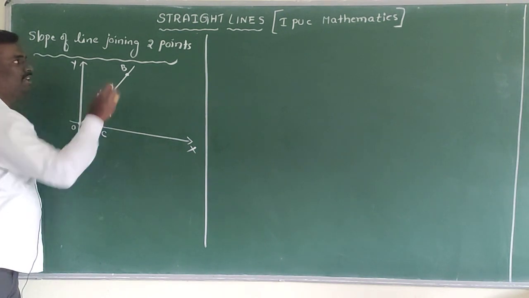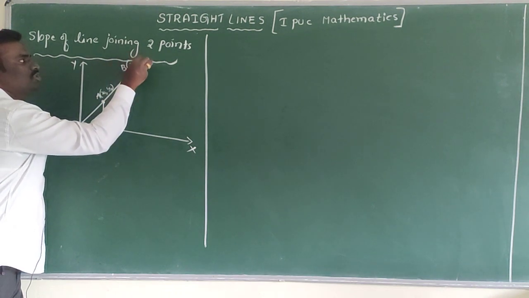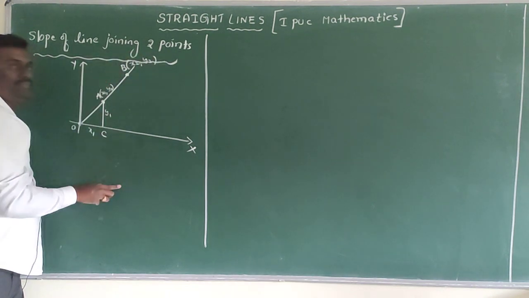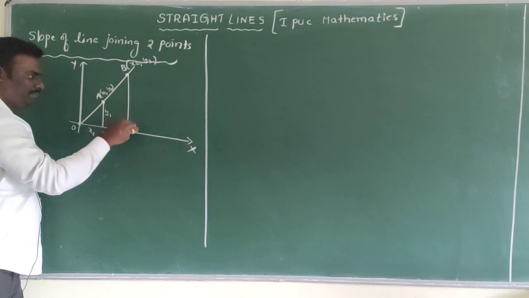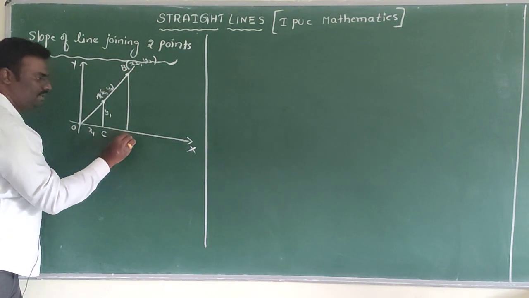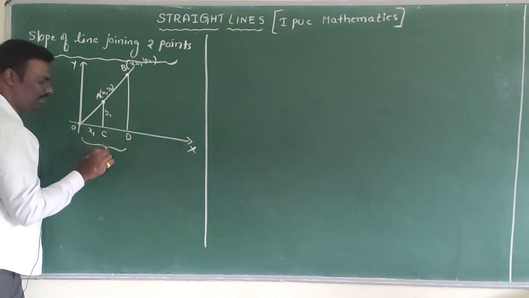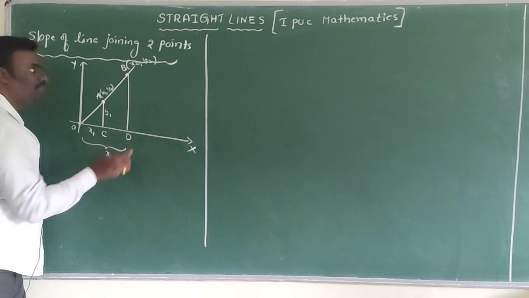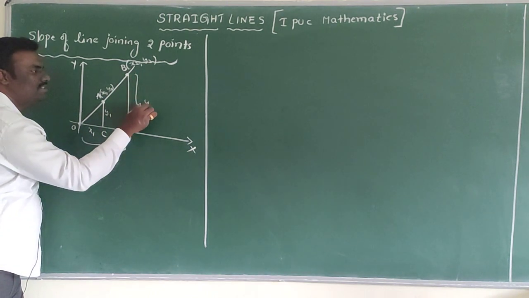Similarly, I am taking the coordinates of point B, that is x2, comma y2. Again you draw a perpendicular from B, that is D. Now the horizontal distance can be considered as x2 and the vertical distance can be considered as y2.